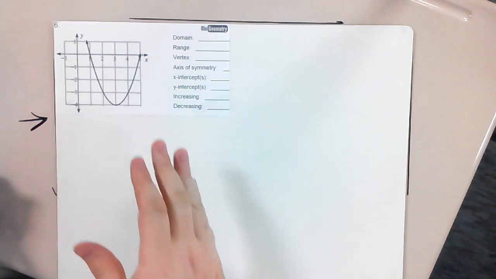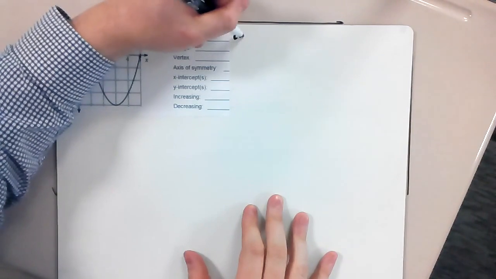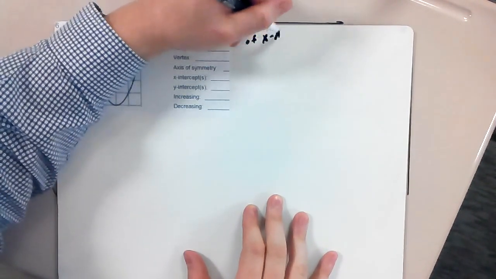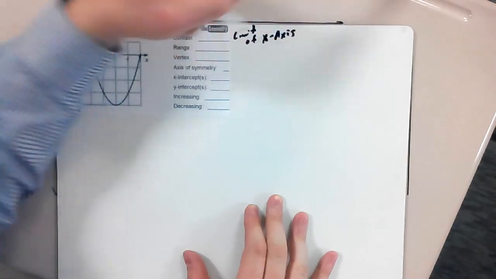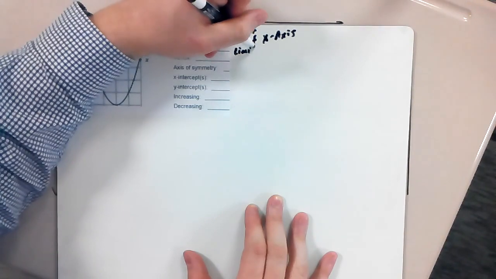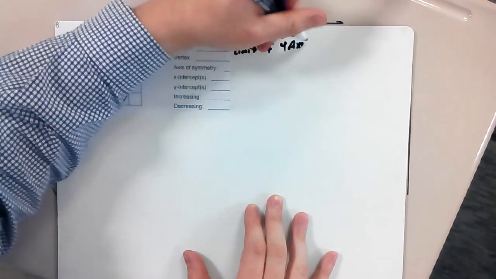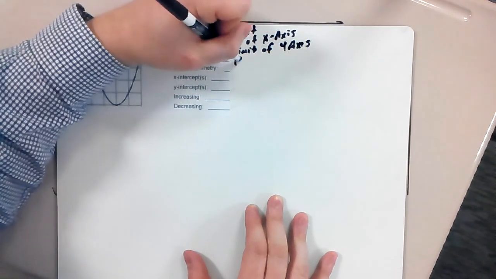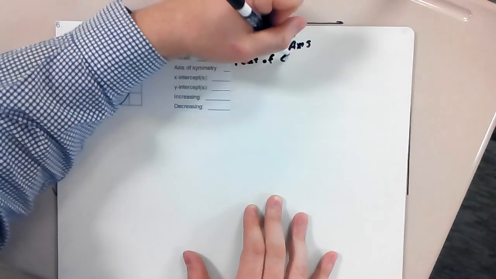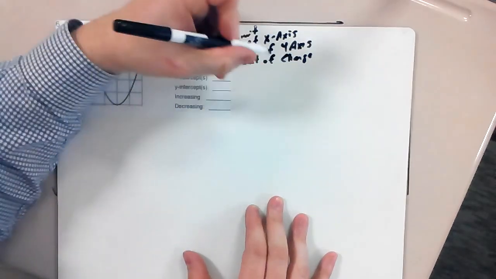The domain is the limit of the x-axis. The range is the limit of the y-axis. The vertex is the point of change, or where it changes direction.